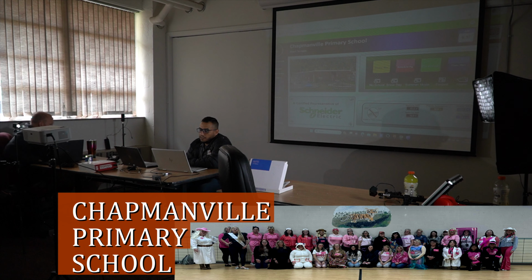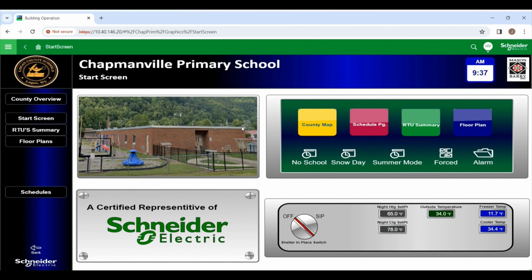All right, so this is your start screen. It's basically your dashboard where you can navigate to the HVAC equipment, the floor plans, the summary, the alarms, and so on. If we focus on this green rectangle, you have some options here.